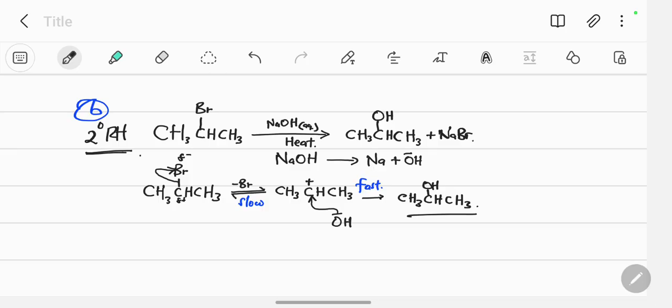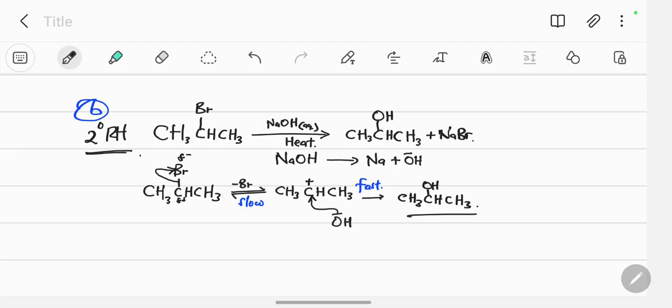Someone may want to understand, what if I'm having maybe a tertiary alkyl halide?